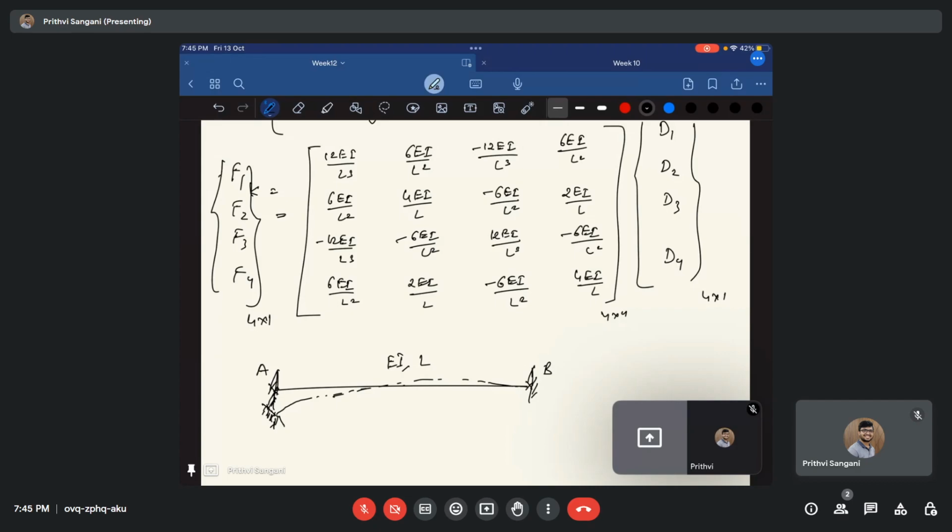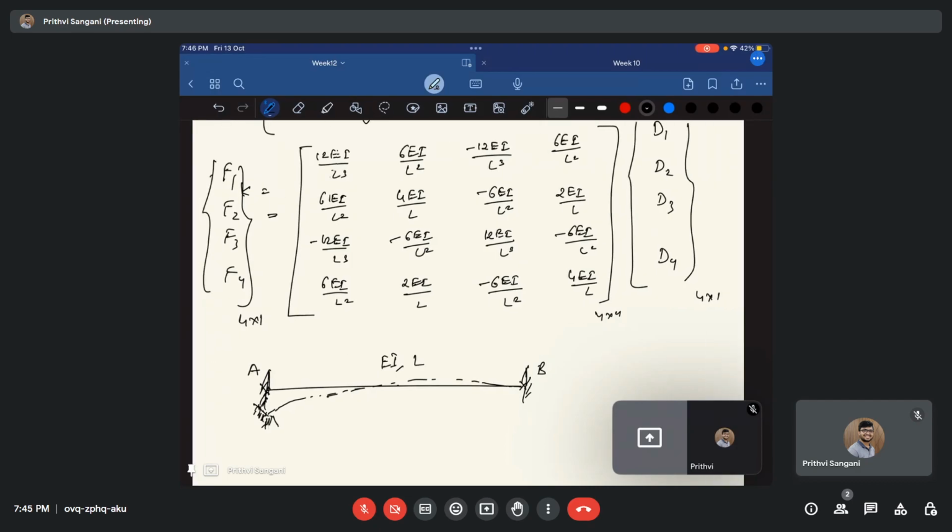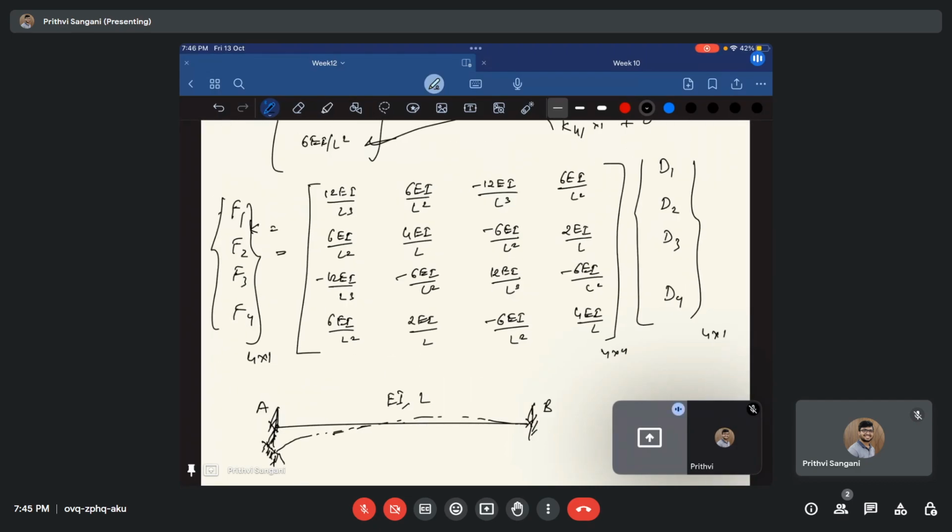So in that case, what is actually given in the question? It is given that D1 is equal to 1 unit, and D2 is also 1 unit. So you have both support settlement and rotation. What are the forces generated because of that? That can be found by direct matrix multiplication, right?